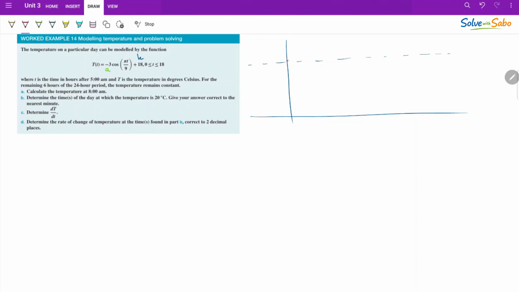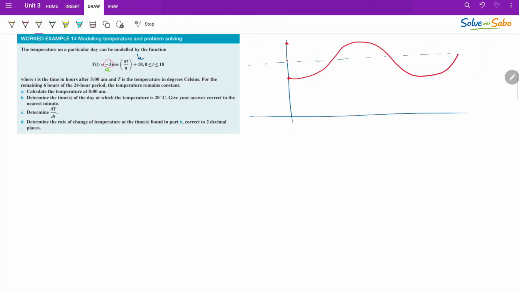So 21 is going to be my maximums, and 15 are going to be my minimums. But we have to remember, am I starting at a max or a min? Normally I'd be starting up here, and I'd be doing this. However, my A is -3, so I'm actually going to be starting down here at a minimum, and we're going to be going up, down, etc.